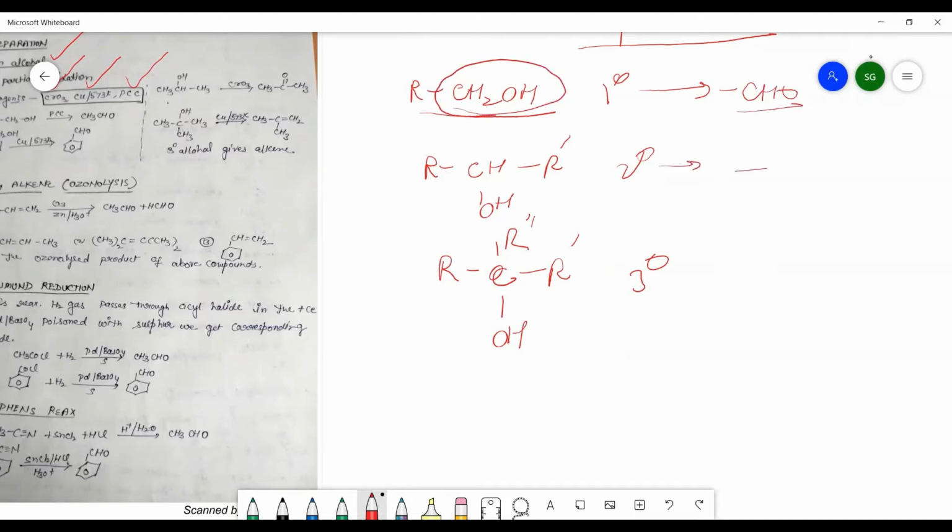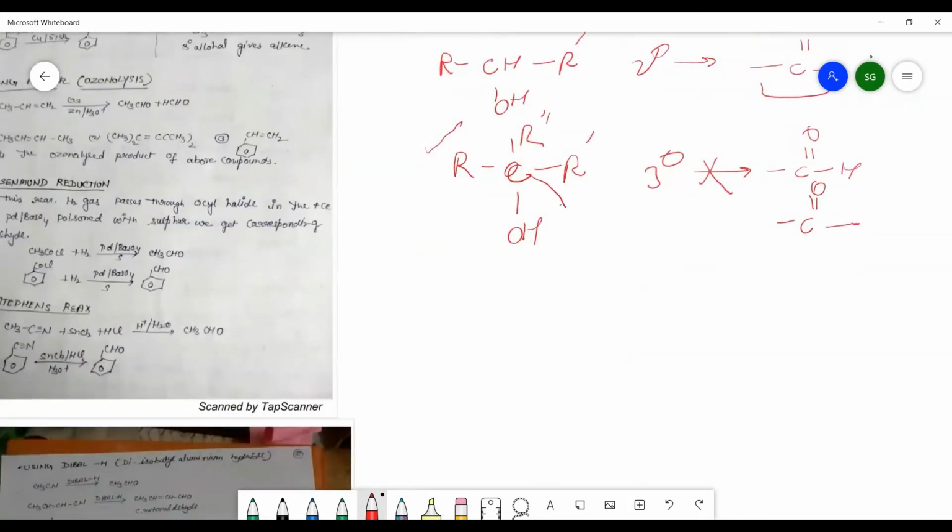And in secondary alcohol, there is a formation of ketones. Now, in case of tertiary alcohol, it will not give the aldehyde or ketone, because there is no hydrogen atom present along with the carbon atom which is responsible for the oxidation.